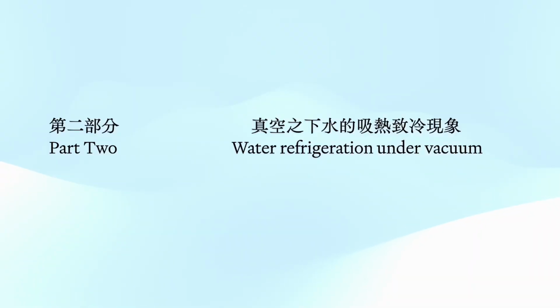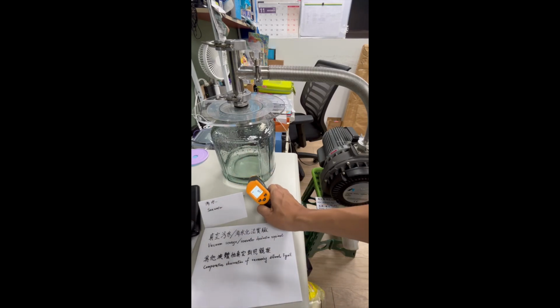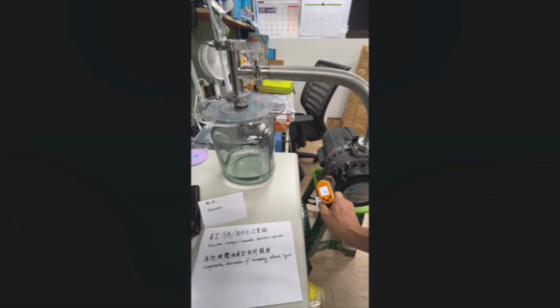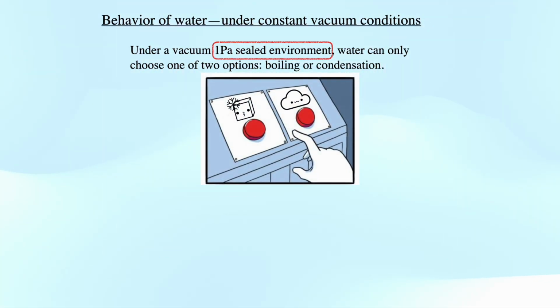In the second part, let's talk about the phenomenon of heat absorption and cooling of water under vacuum. Why is a temperature drop of glass bottles and pipes observed when water is vacuumed? As explained in the first part, water can only choose between boil or condense in a closed environment with a vacuum of 1 Pascal.